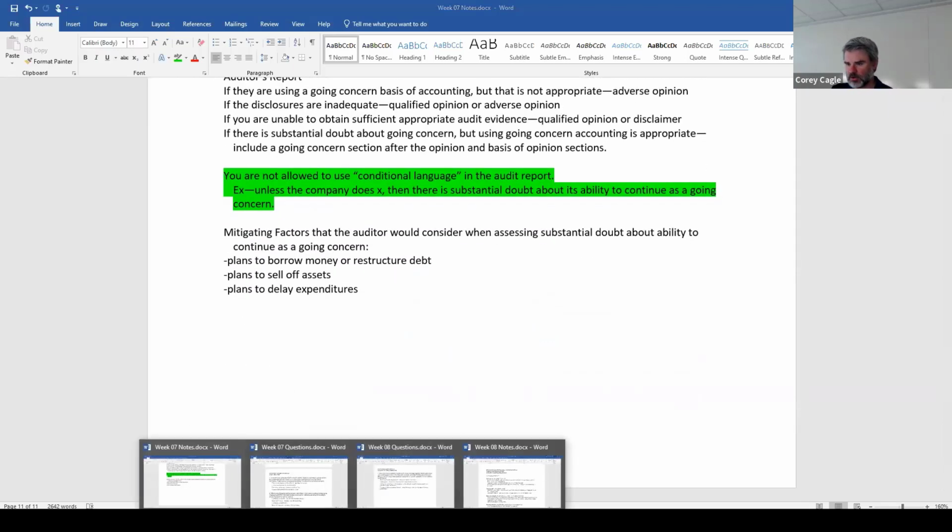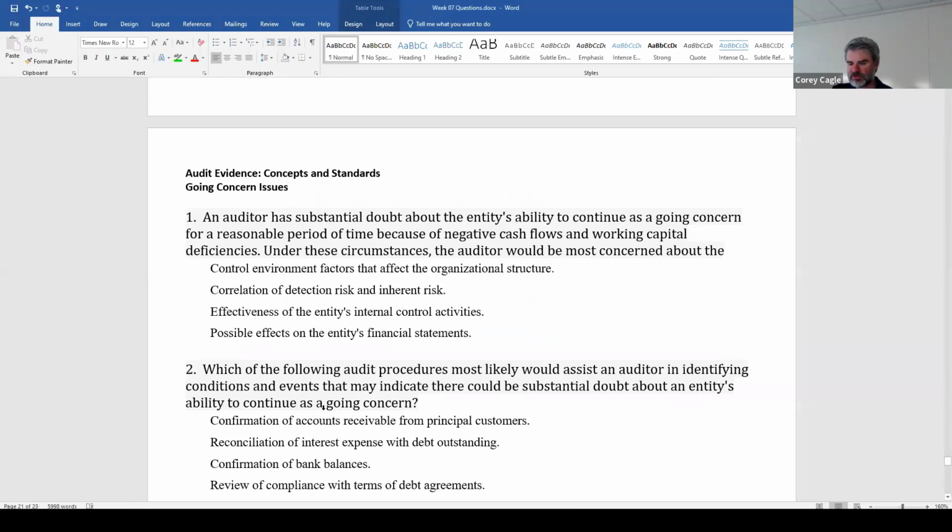Pretty straightforward. Let's grab a little sample of questions here. You'll find that they're fairly the same. Number 1 says an auditor has substantial doubt about an ability to continue as a going concern for their client because there's negative cash flows and working capital deficiencies.